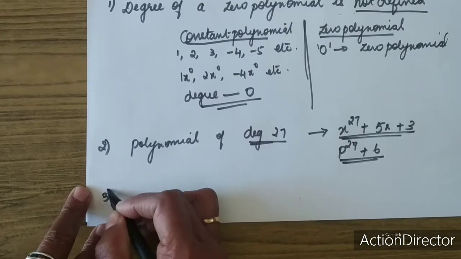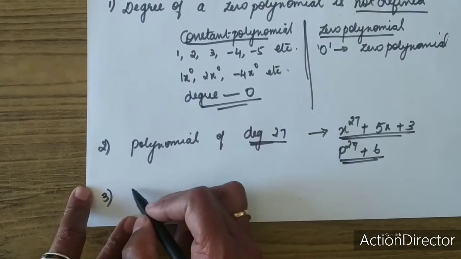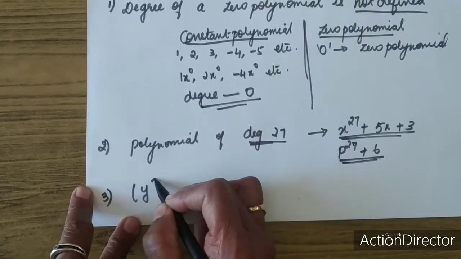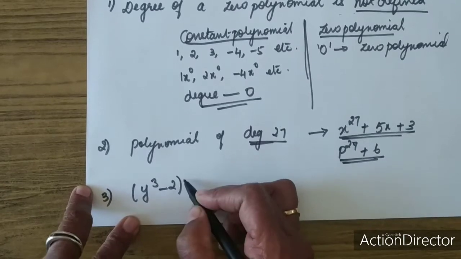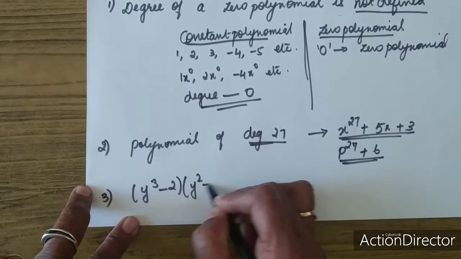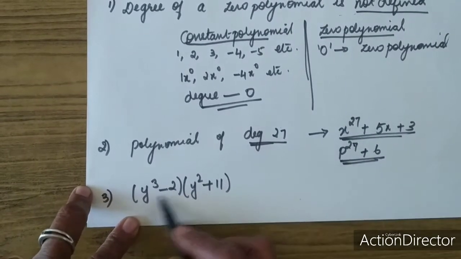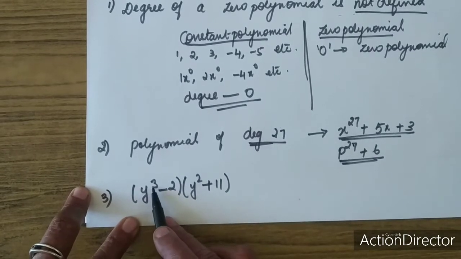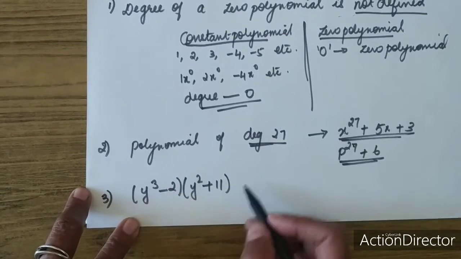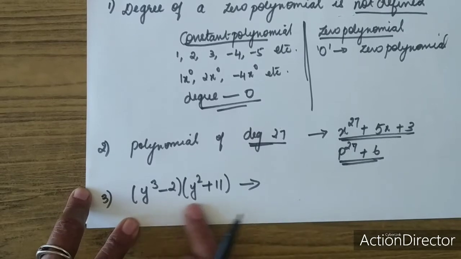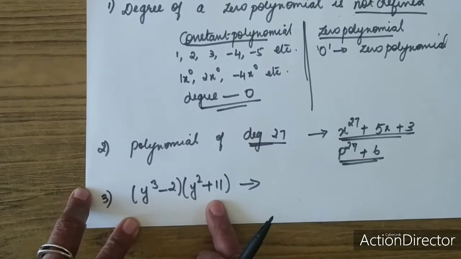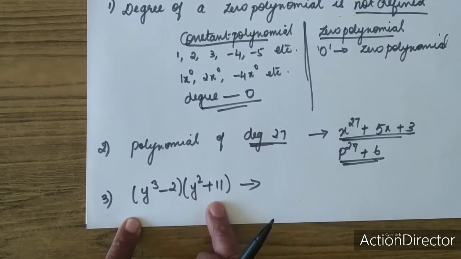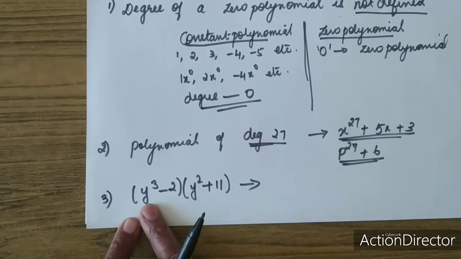Next one. Evaluate the degree of the polynomial (y power 3 minus 2)(y square plus 11). Just by seeing the question, you should not decide that the highest degree is 3. First, in such situations, you have to simplify the product of these binomials and finally decide the highest degree of this polynomial.